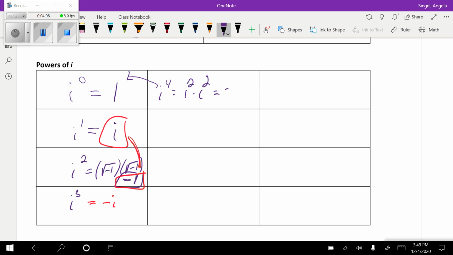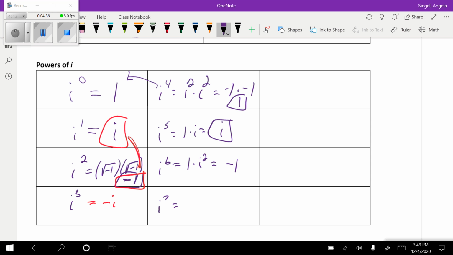Well, i squared is -1 times -1, and that gives me +1. So i to the fourth is +1. i to the fifth is i to the fourth times i, which is i. i to the sixth is i to the fourth, which is 1, times i squared, so that's going to be -1.